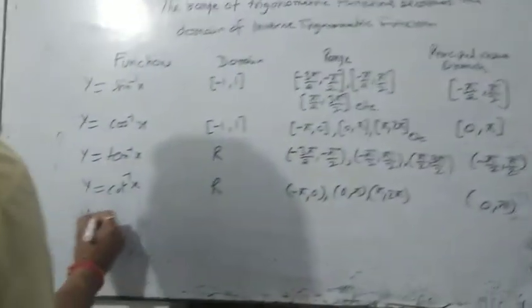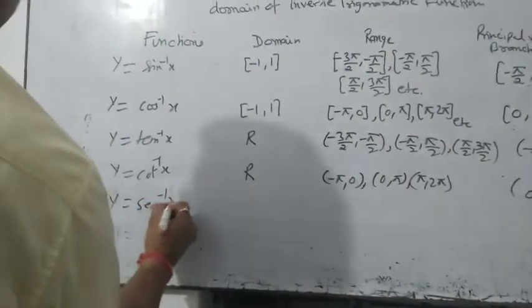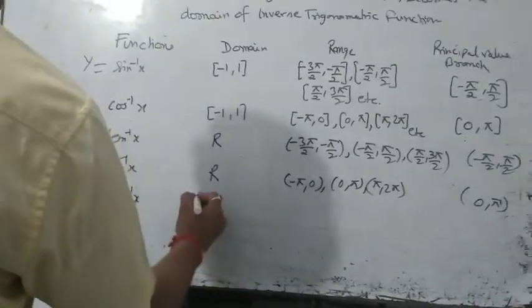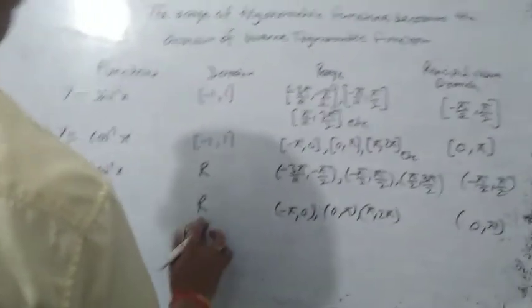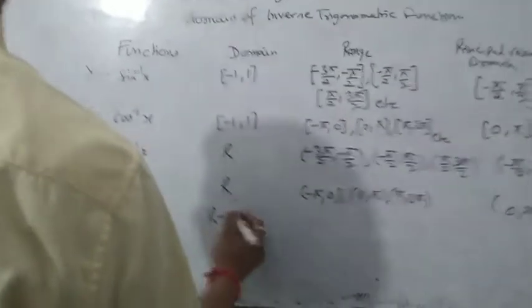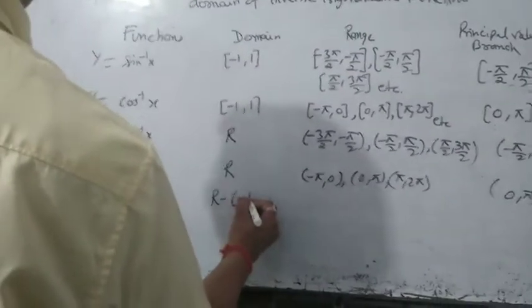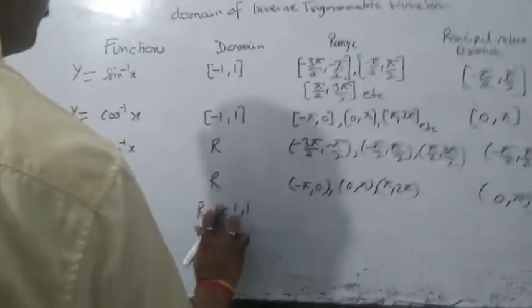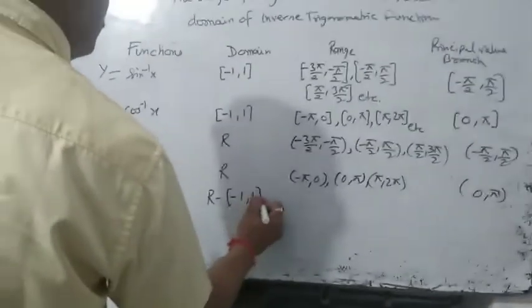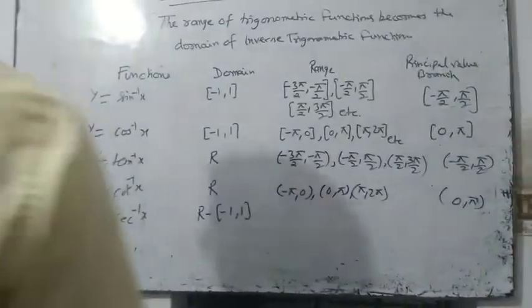Then y = sec⁻¹ x. Domain is all real numbers except (-1, 1).